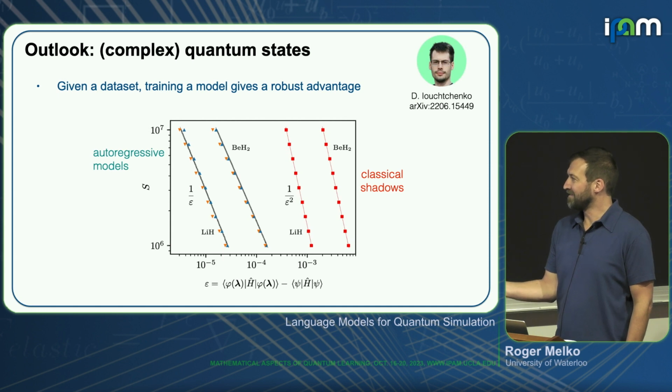And I'll talk to anyone who's interested in this, but there are explicit differences in the slope of sample complexity versus error when you train models versus what you get from shadows. This scaling is known analytically for shadows, but we observed the scaling empirically in the autoregressive models, which is different, and there are no theories for this stuff.